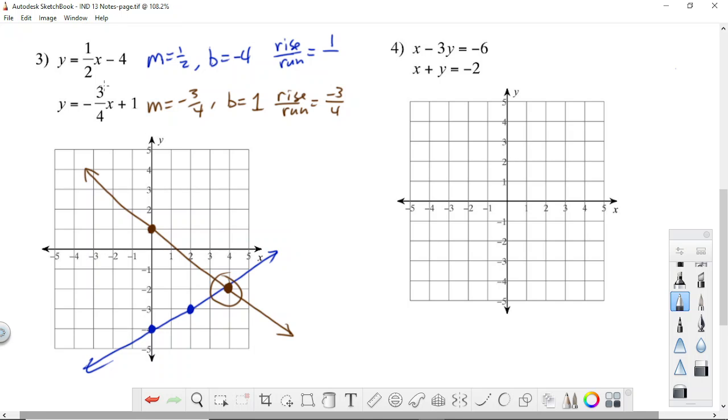I'm going to take a quick look at the line first of all. First one had a slope of 1/2. Second one had a slope of -3/4. Okay. So yeah, let's run through this and check it.